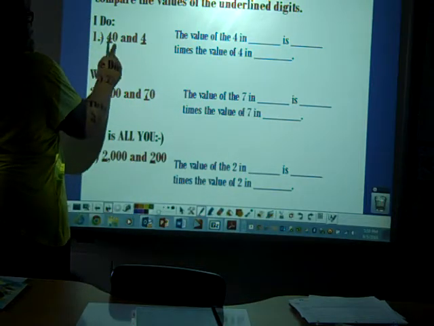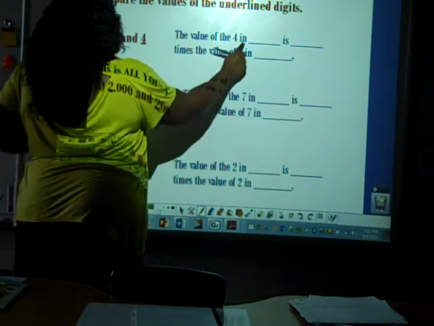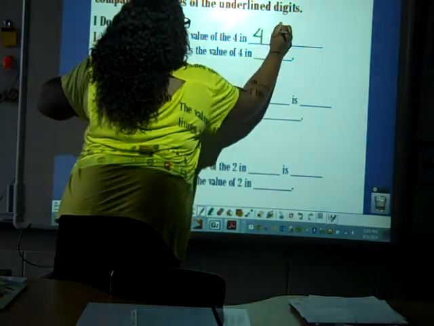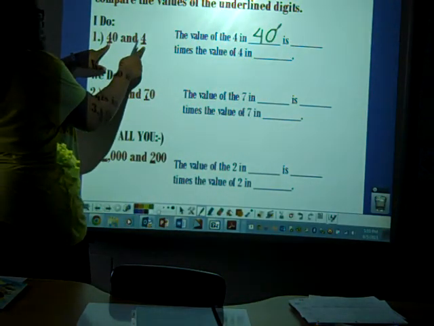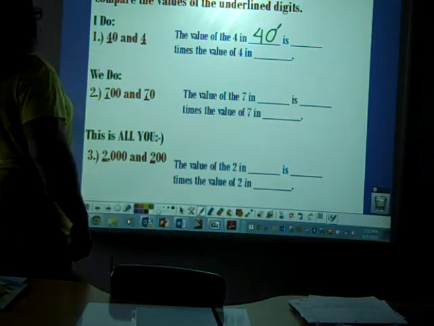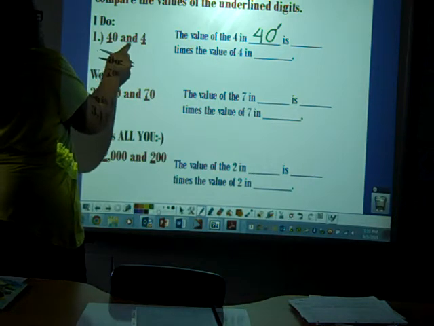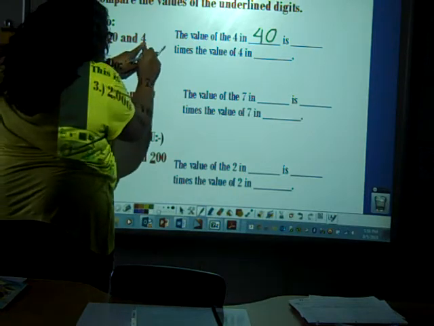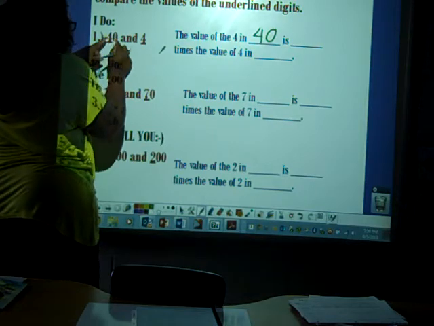All right? Now, I do this by myself, so relax, watch me, and I'm going to do this. So I have number 1, 40 and 4. The value of the 4 in 40 is how many times the value of the 4 in 4? What can I multiply by 4 to give me 40?